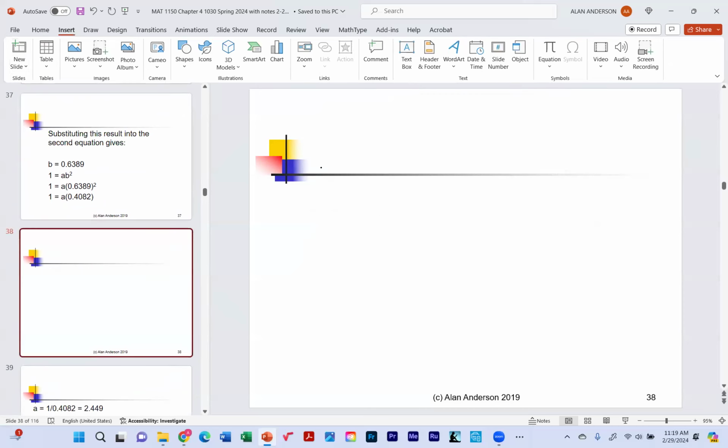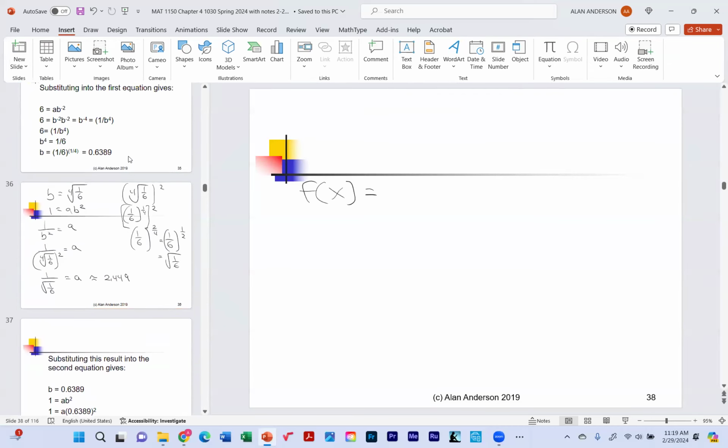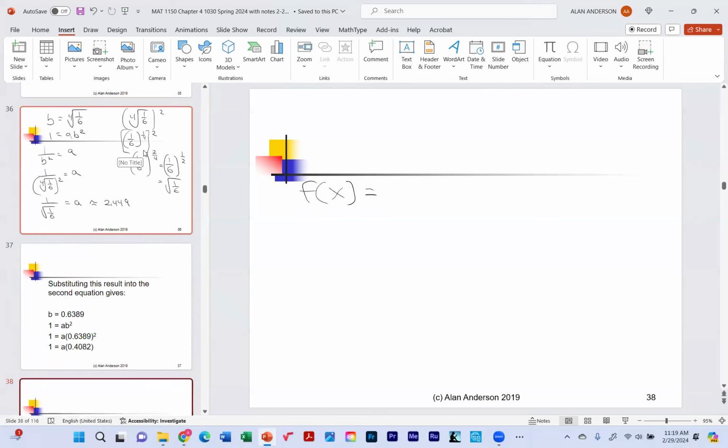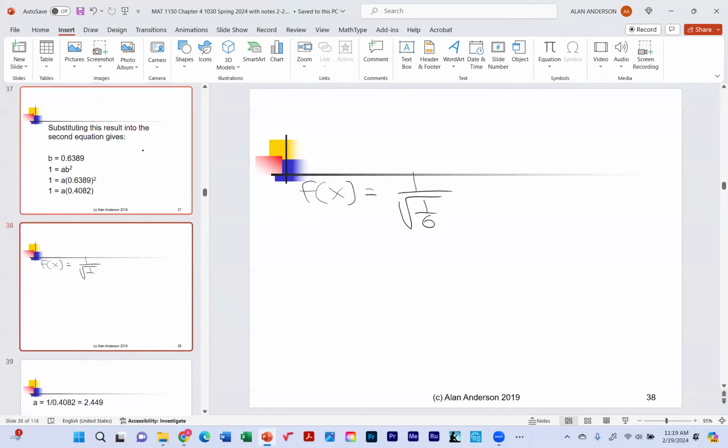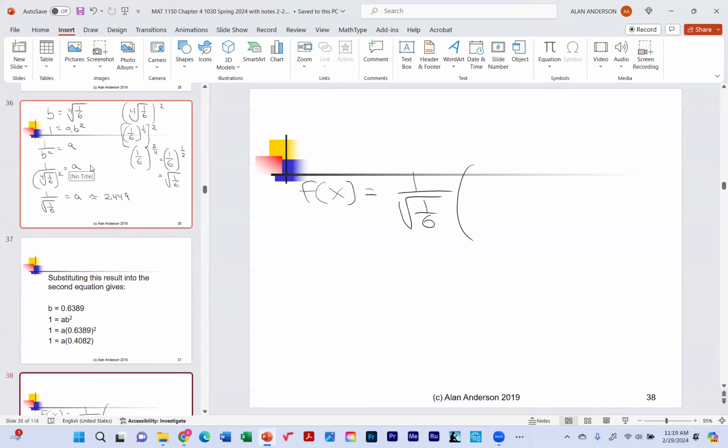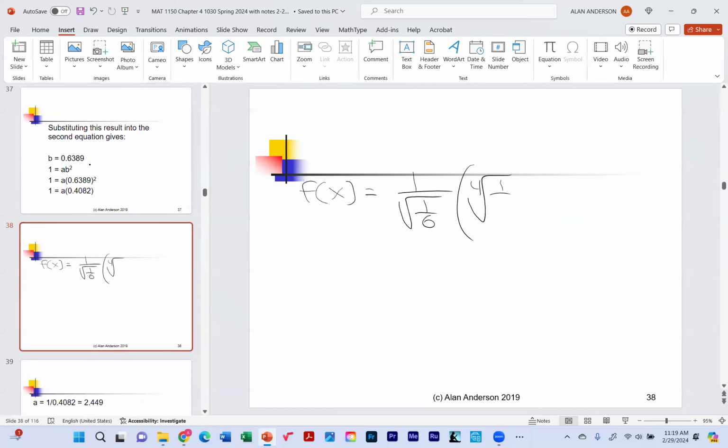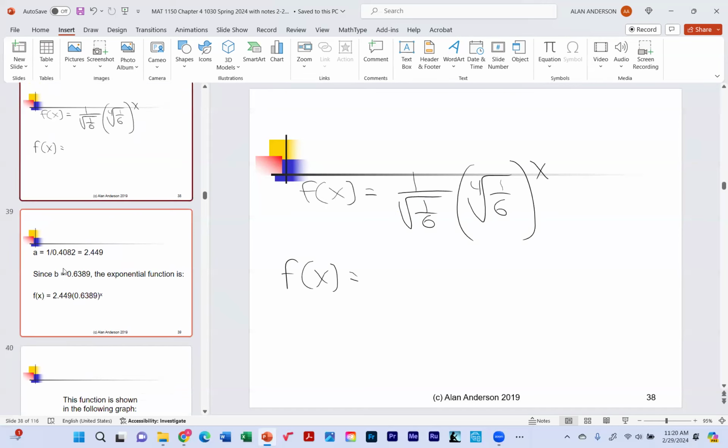You can either write, for example, A is, we just determined, 1 over radical 6, and then B is equal to the fourth root of 1/6, raised to the x power. But if you want to use the approximate values, you can certainly feel free to do so. It's approximately 2.449 times 0.6389 to the X power. Either one is fine.